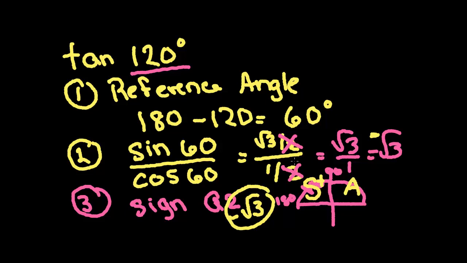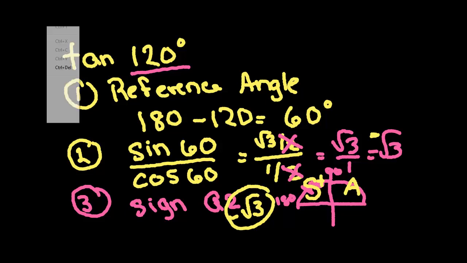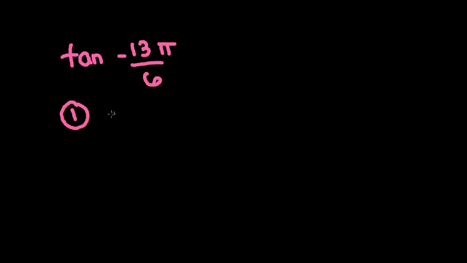All right, so let's take a look at one that's a negative. All right, let's look at the tangent of negative 13 pi over 6. So the first thing we'll do is convert it into degrees.